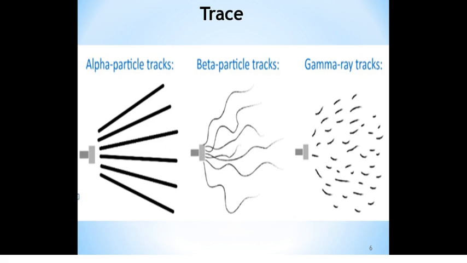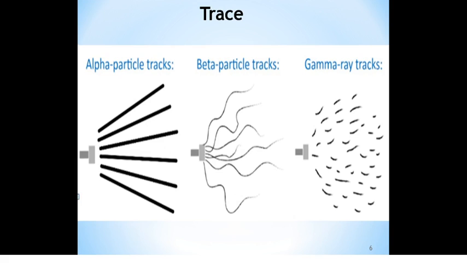These are the different tracks of the alpha, beta and gamma radiations. We know that inside we are using a radioactive source. This radioactive source will emit either alpha radiations, beta radiations or gamma radiations. The paths of these alpha, beta and gamma radiations can be seen inside this cloud chamber.